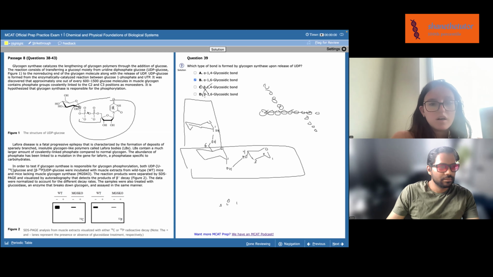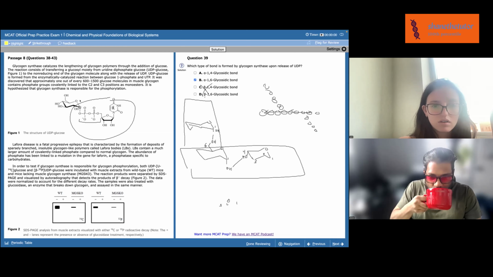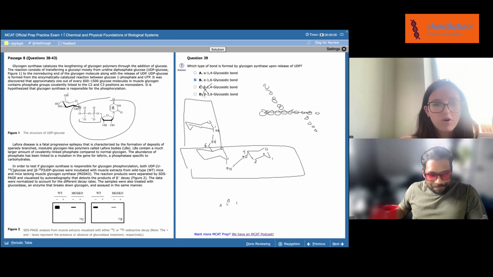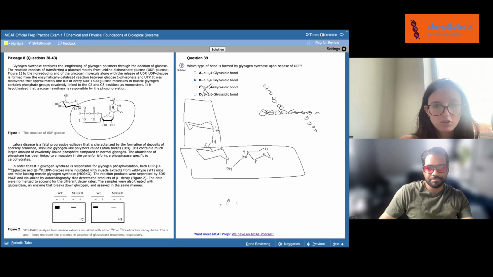Okay, I understand. So it's forming a bond from this OH, but how do we know which position? Oh, it's not forming a bond from the 6, it's forming a bond from here. So that's a 4. Okay, so it's A.